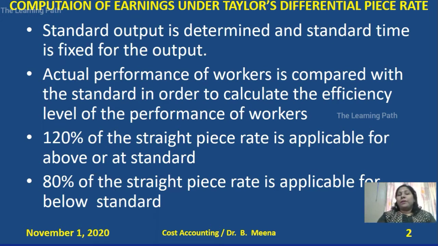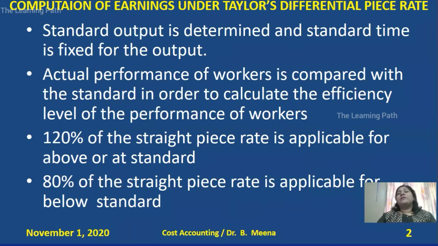So under Taylor's method, there are two rates applicable. One is 80% for below standard. Another rate is 120% of straight piece rate, applicable for above or at standard. At standard means on par with the standard, equal to the standard.